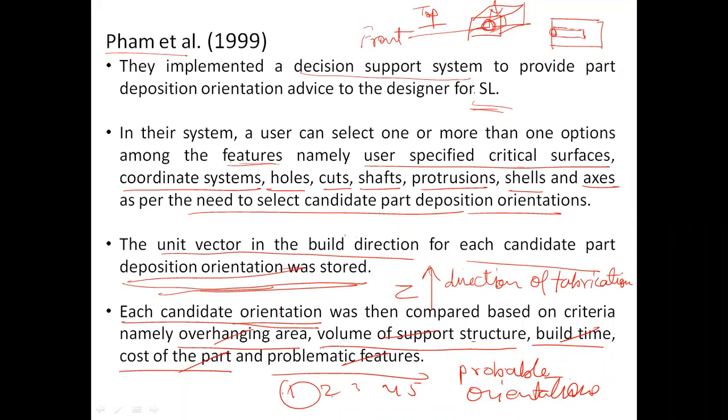If you look from the front view, you basically have a shell, and you also have cuts and holes in the system. But if you are looking from the top view, the cuts and holes are not visualized.